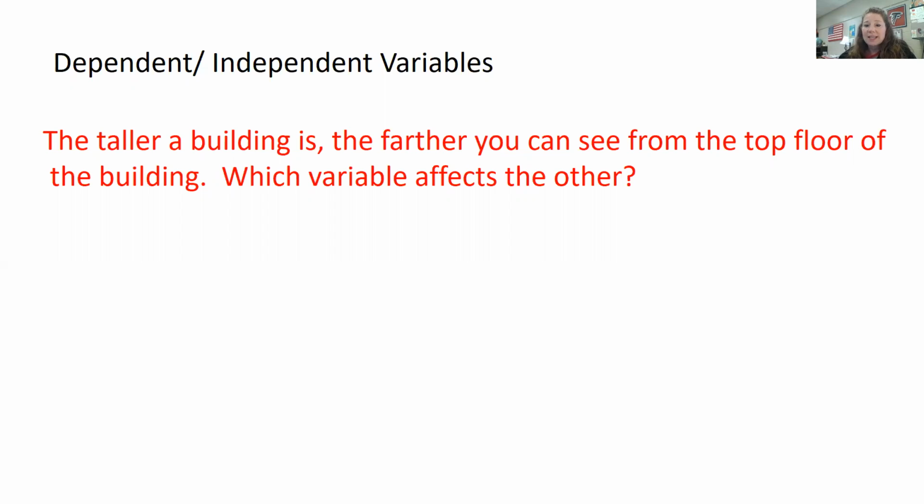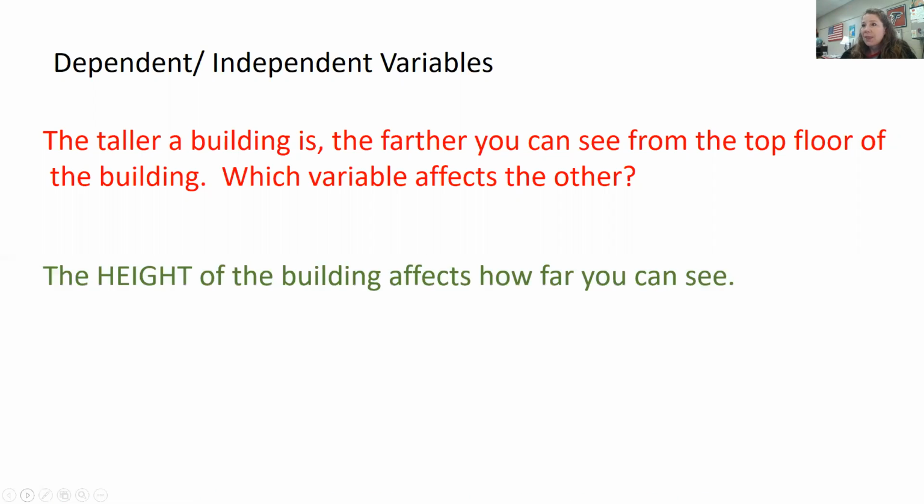The height of the building could be extra tall, it could be medium tall, it could be a short building. So the height of the building is independent. Could be different heights, but the distance that you can see depends on the height of that building.